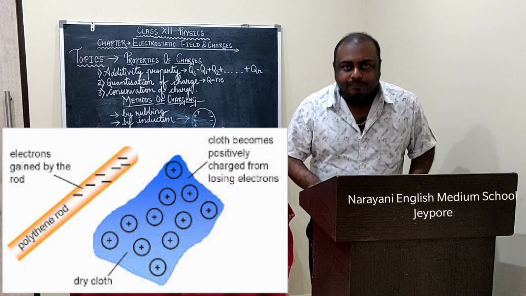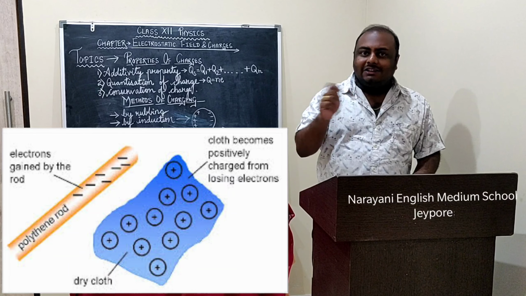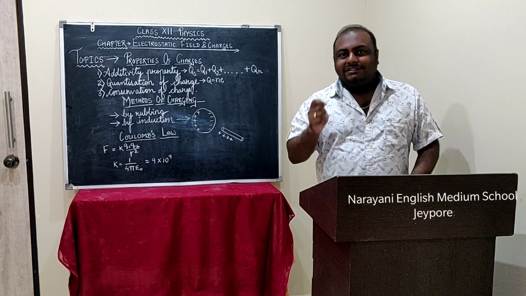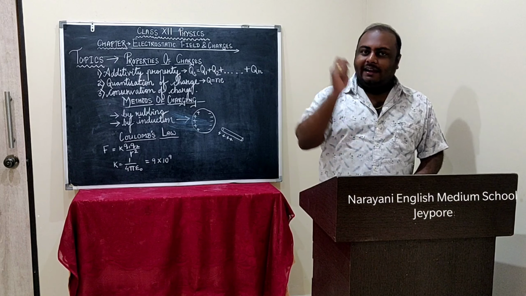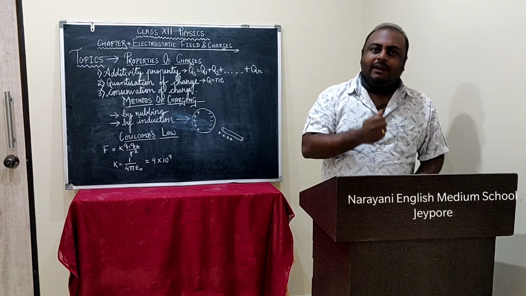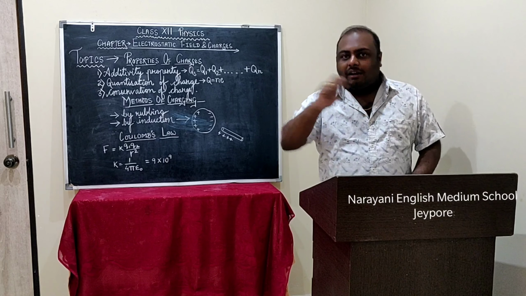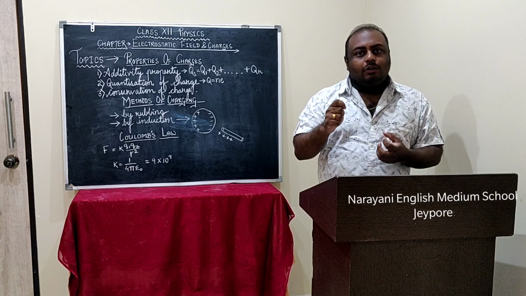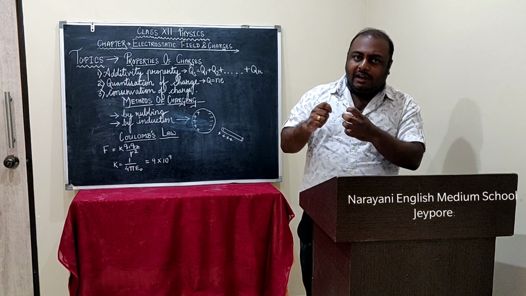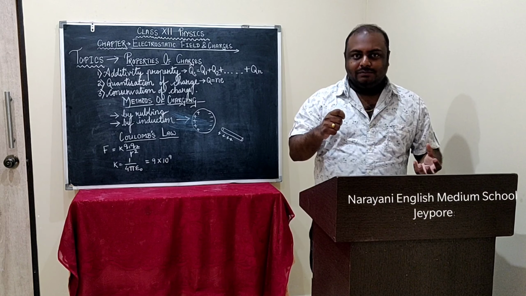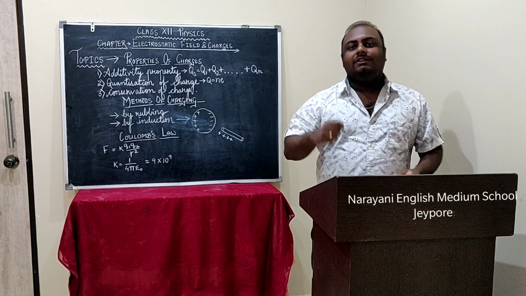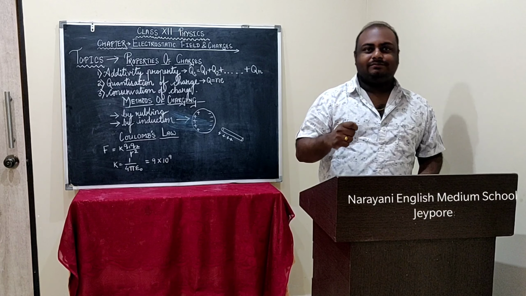For example, if I rub a glass rod with cat fur, the glass rod has a tendency to lose electrons and the cat fur has a tendency to gain electrons. So electrons are going to be transferred from the glass rod to the cat fur.